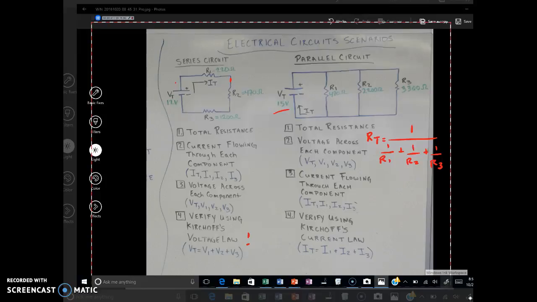Okay, so what that would look like for this particular problem, it would be 1 divided by 1 over 470 ohms plus 1 over 2,200 ohms plus 1 over 3,300 ohms. And if you do the math for that, you'll find that the total is going to equal 350 ohms. Okay, so RT will equal 350 ohms for this particular parallel circuit.